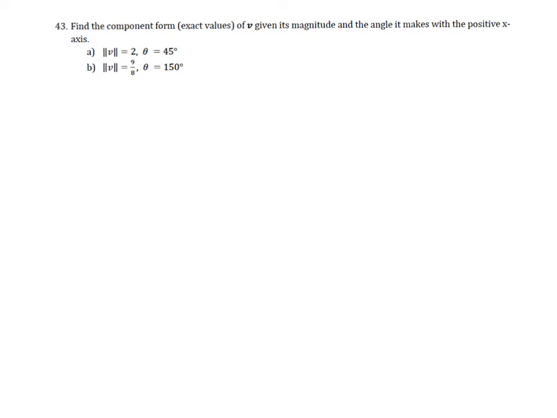Now for problem 43, you've been given v's magnitude and direction, and we want to write it in component form, exact values. So let's start with v. Now we know that v's magnitude is 2 and its direction is 45 degrees. So if we want it in component form, it would just be r cosine theta is x, r sine theta is y.